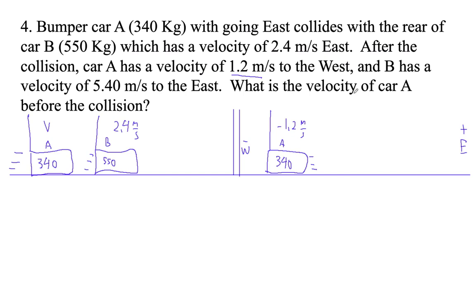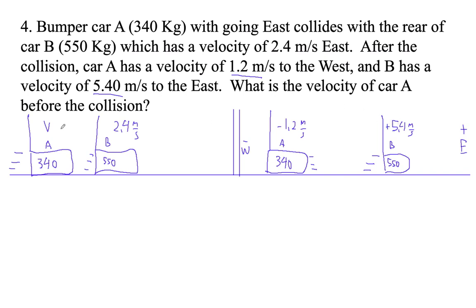Okay, so let's see. And then B is really going fast to the east. So 550. Here's B, and V is going super fast this way. And since it's to the east, we'll make that positive.